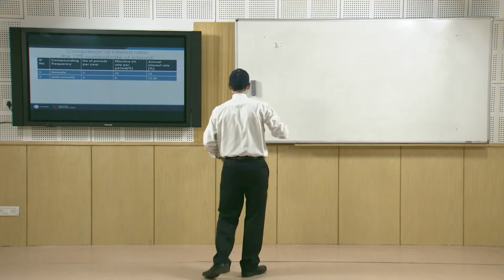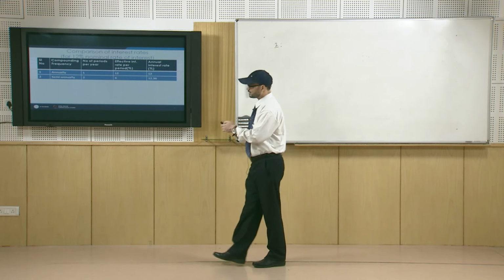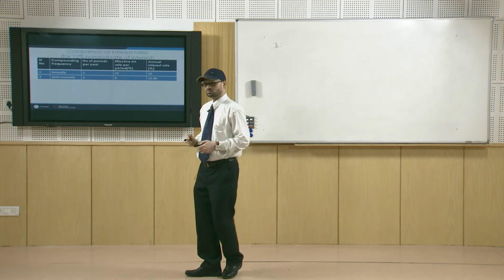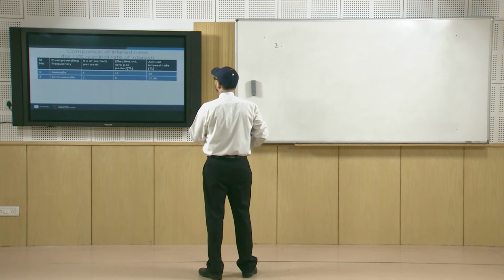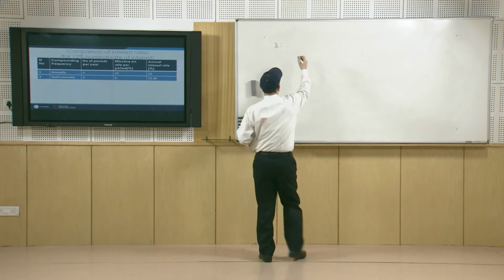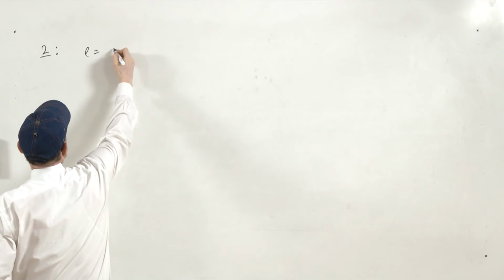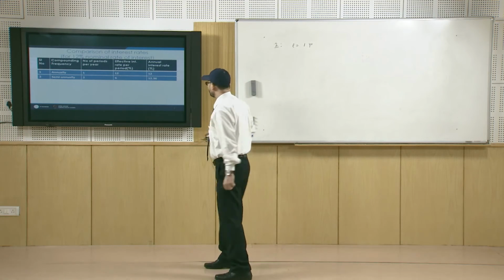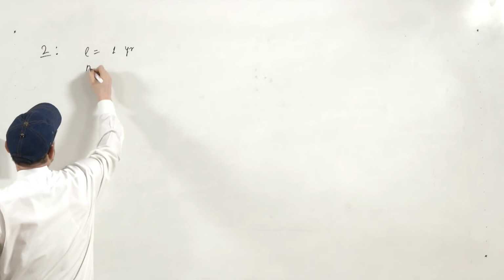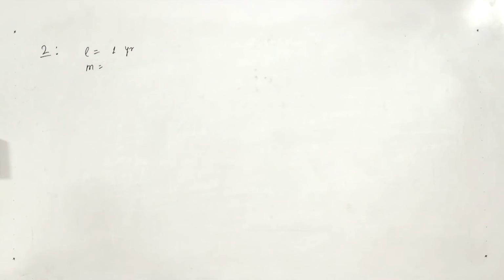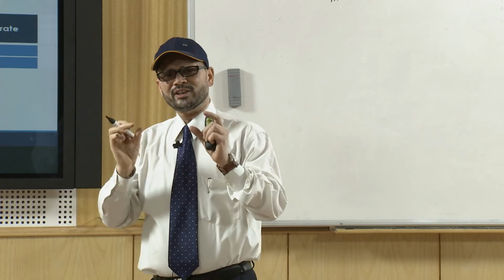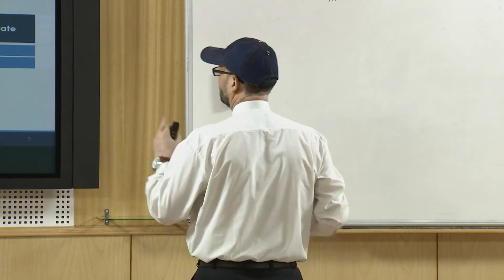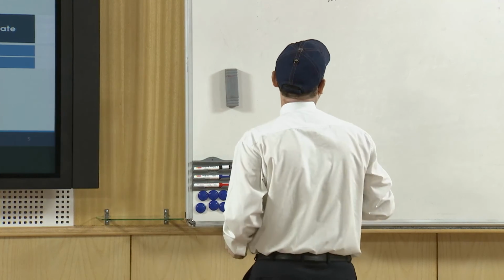Now, how does it come? In this case, as we are doing it on a semi-annual basis, the number of periods per year is 2, and L is 1 year. Compounding is done twice, so the period is 1/2 year and the reciprocal of 1/2 is 2.